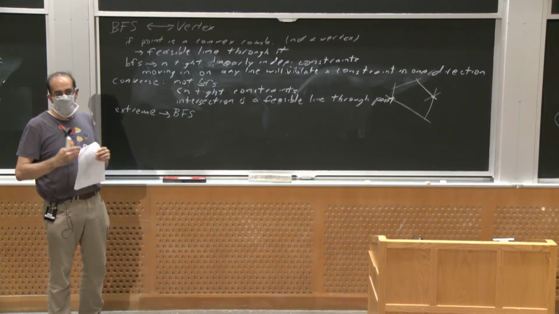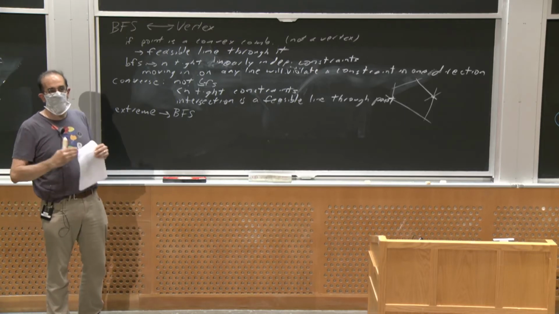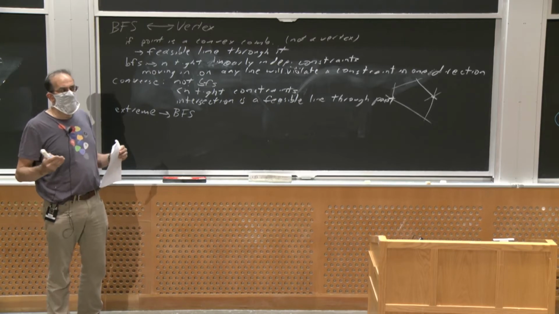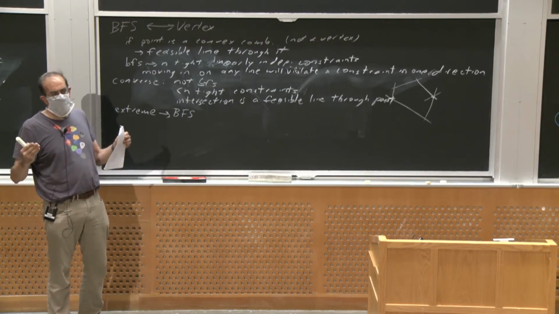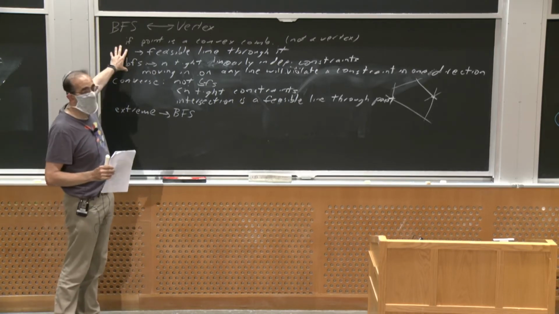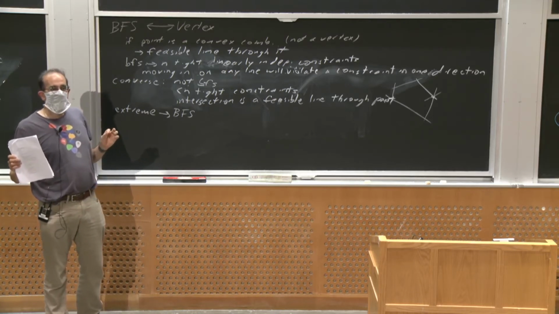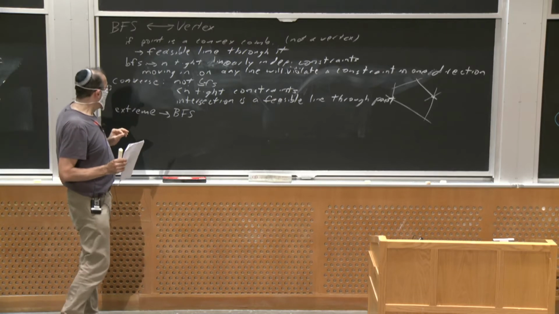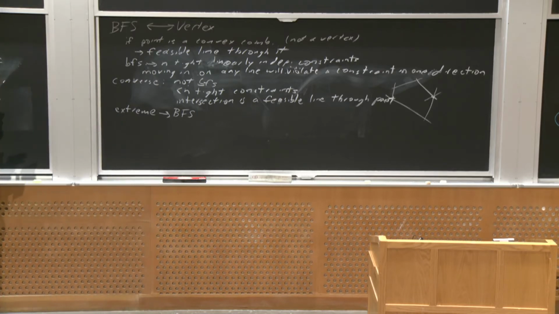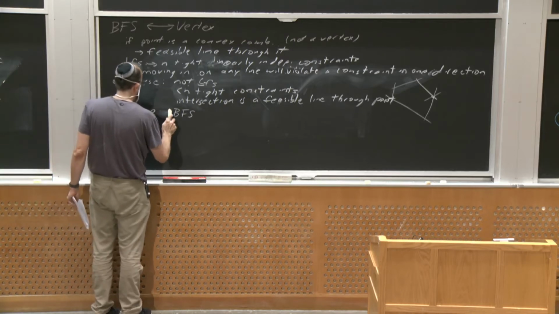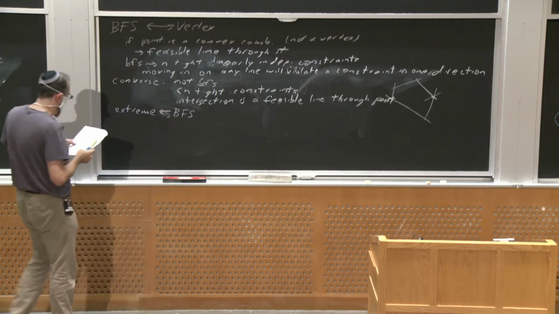And then you could move on that line through what would be various other optima, and that would all have to be feasible, so that would mean, just like in this argument up here, that you don't have n tight constraints. So that tells me that if you're not an extreme point, then you are not at a basic feasible solution. So actually it goes this way.